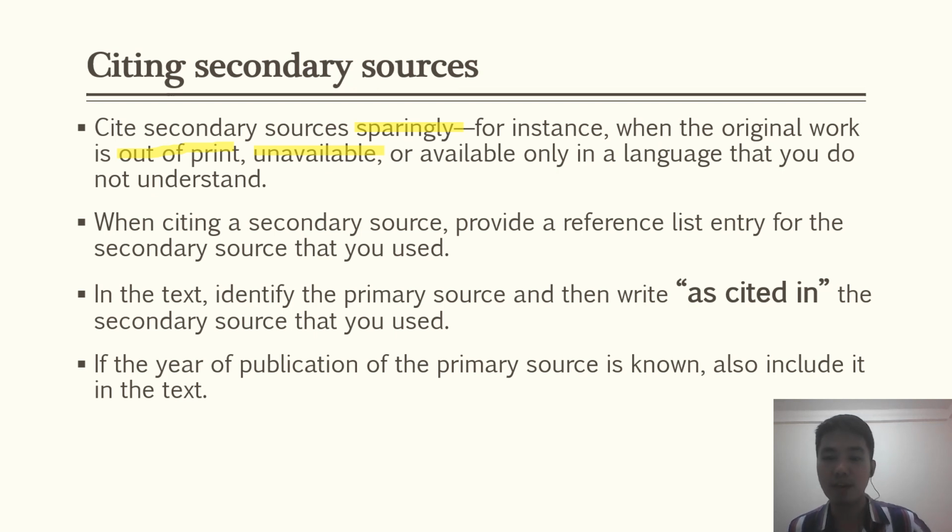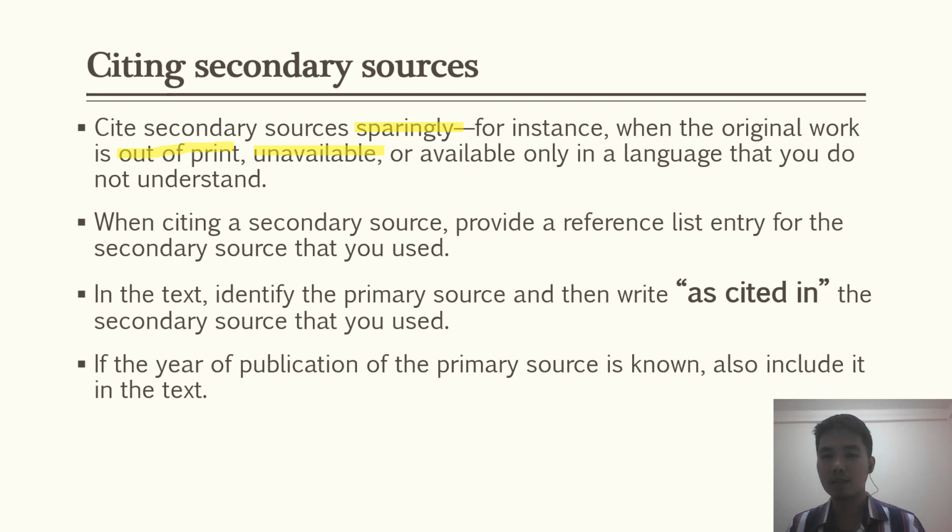The original paper is written in a foreign language, and the secondary source available to you is written in English, but you could not access or you don't have any translation. So pwede natin gamitin ang secondary citation. But again, as much as possible, we should cite secondary sources sparingly.